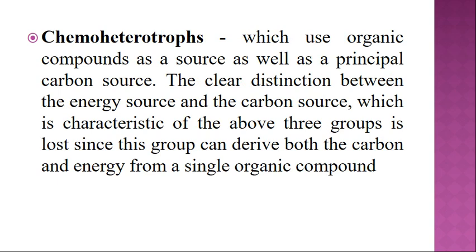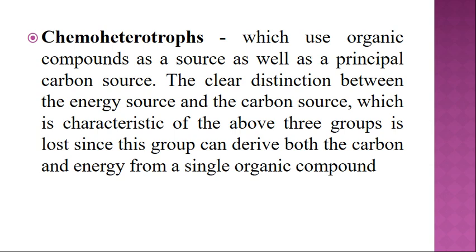Chemoheterotroph. Here these organisms use organic compounds as a principal carbon source. The clear distinction between the energy and carbon source that is a characteristic of the above three groups is lost, since this group can derive both carbon and energy from a single organic compound.